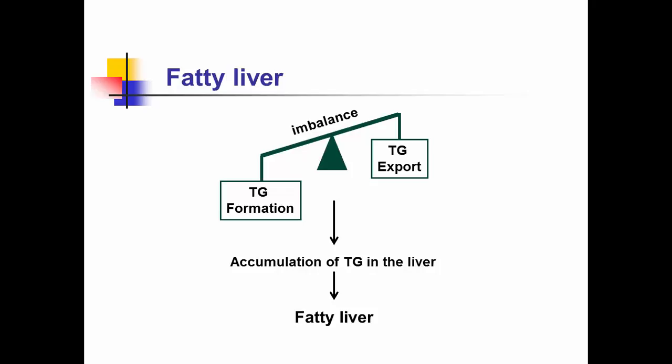Does that make sense? This is just the general idea, but there are also some details in each pathway. For example, in triglyceride formation, not just increased synthesis, but if we cannot oxidize triglyceride or fatty acids, that also causes an increase in fatty acid accumulation, right?